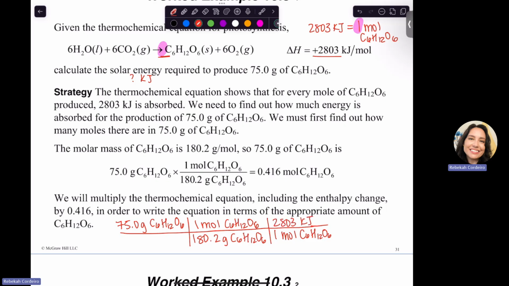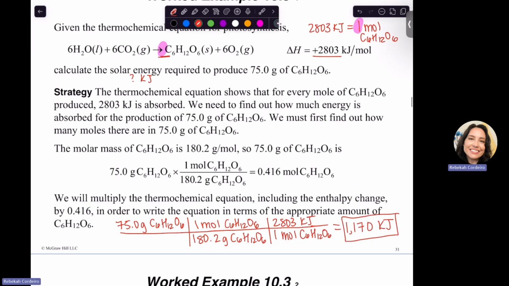Let's make this easy. I don't know why the textbook wants to make this more difficult. Then we can just do this all at once. Fairly easy. Don't let this be more difficult than it needs to be. Let's just treat it like dimensional analysis. We want 3 significant figures, so 1170 kilojoules.